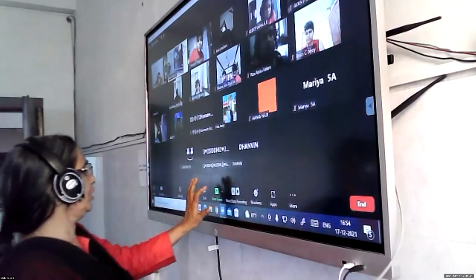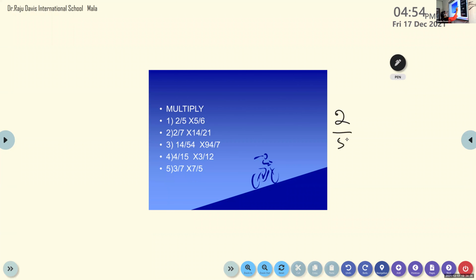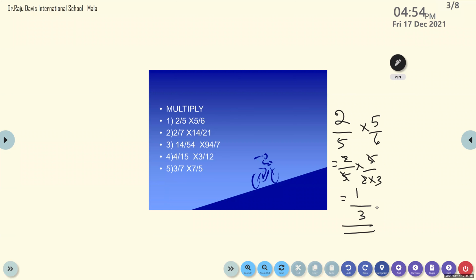You can write 6 in the multiplication table as 2 into 3. Again, you can cancel 5 from both sides here. 2 and 2 will get cancelled. Nothing is remaining in the numerator, so you write it as 1. Here, 1 into 3, you will get it as 3. So you will get it as 1 by 2.